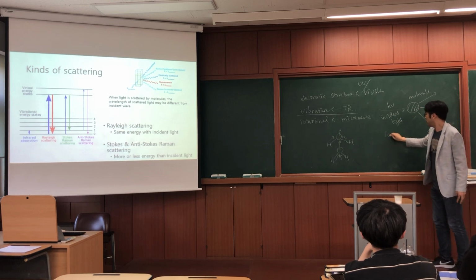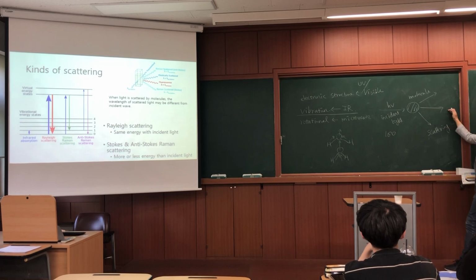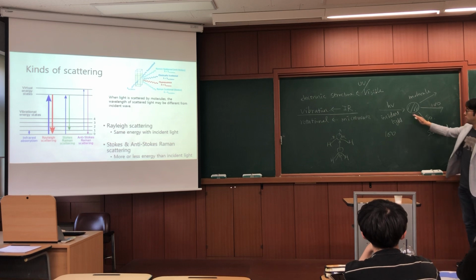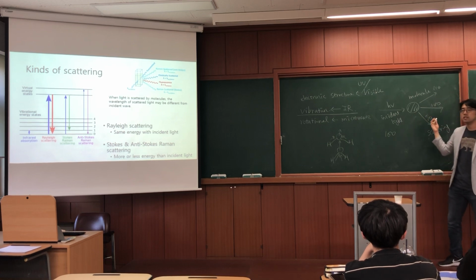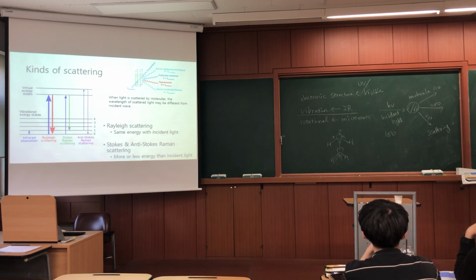If we give an energy of 100, most of the light emits the energy of 100. But sometimes a molecule emits only about 90 of energy, or in some cases it emits more energy than the incident light. Those are called Raman scattering.